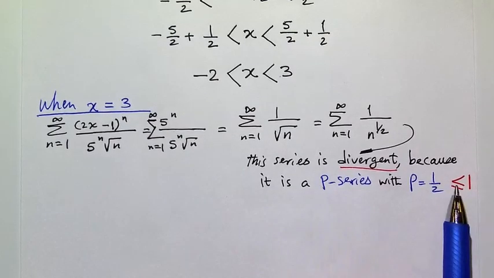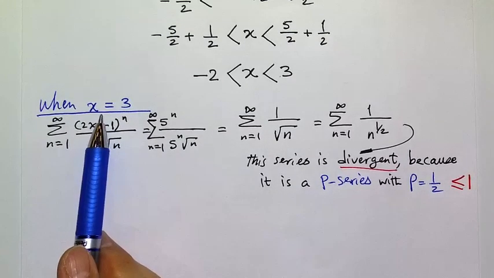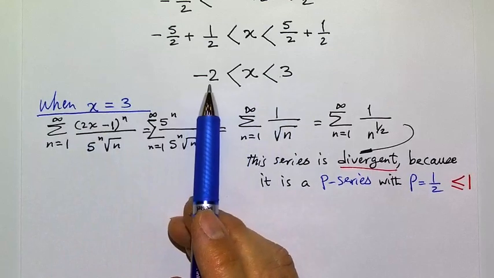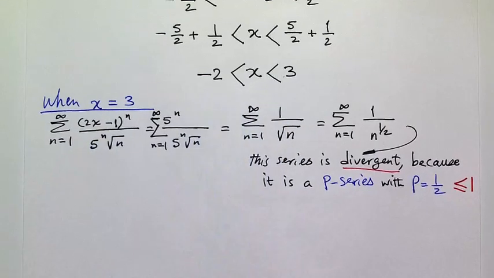So we know that our series diverges at this endpoint. So what about when x equals -2?